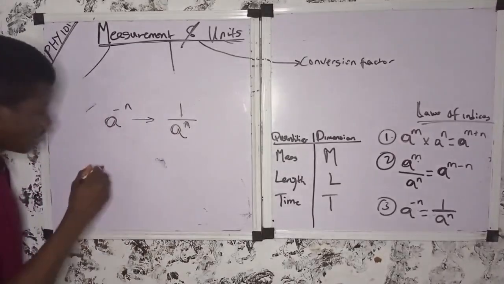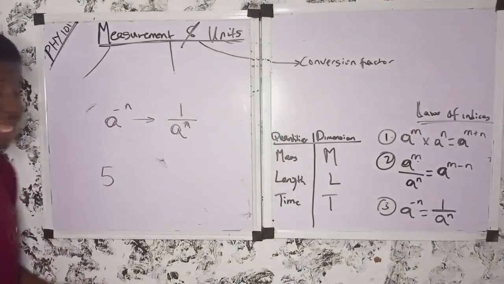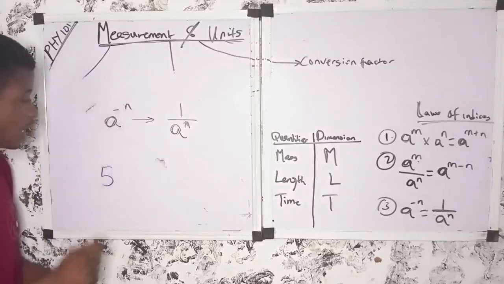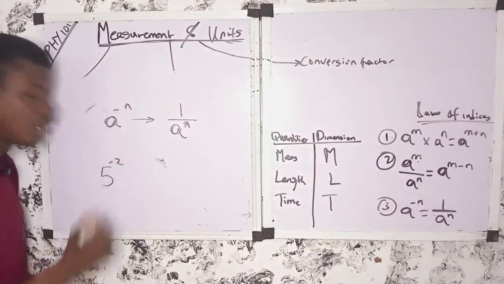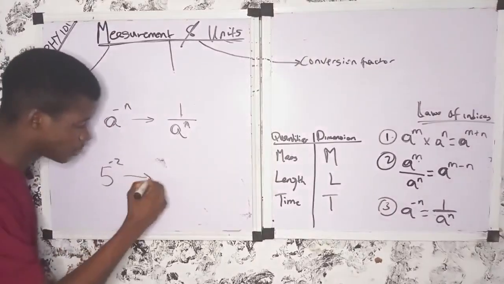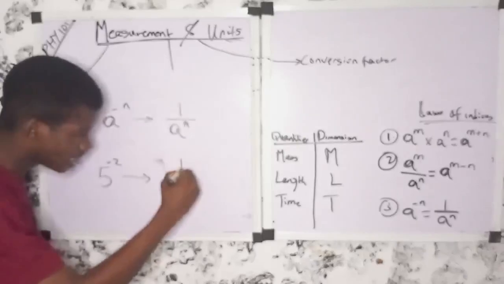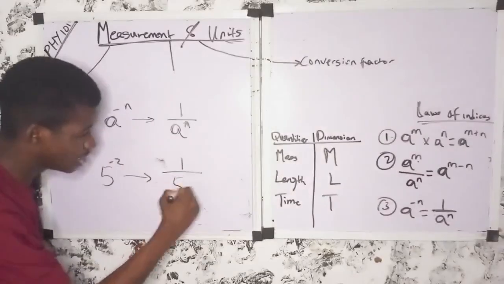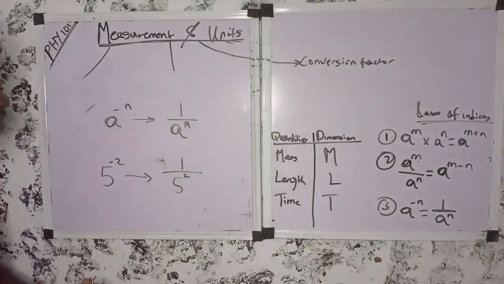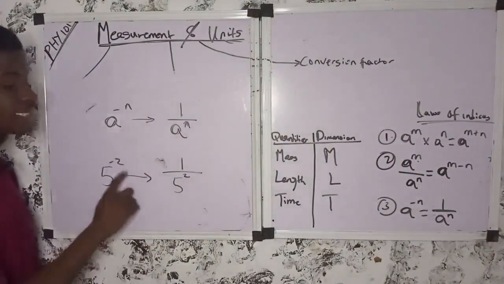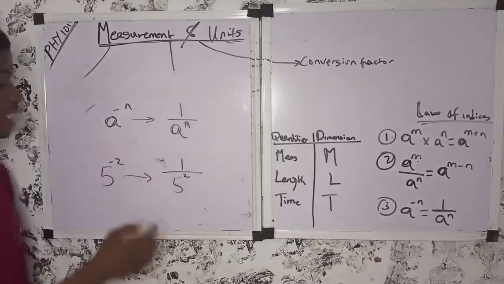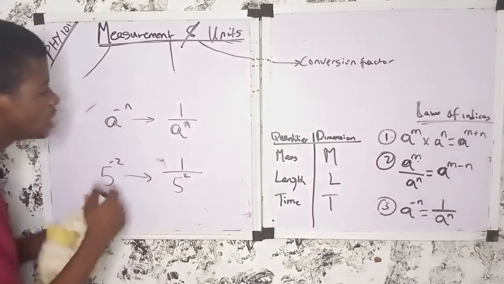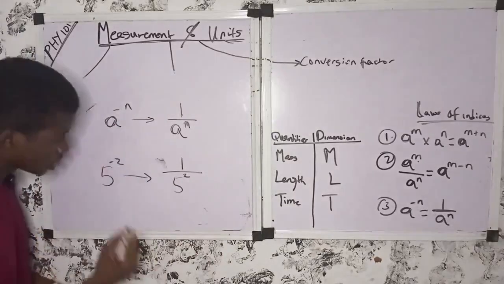For example, let's say 5 is the base. When a base is raised to a negative number, let me use minus 2 here, okay? It's still the same thing as 1 over, you drop the minus, then we bring out the base, then the power, right? So this one is still the same thing as this. I don't know if you understand.